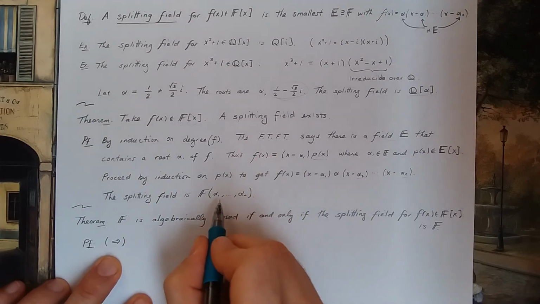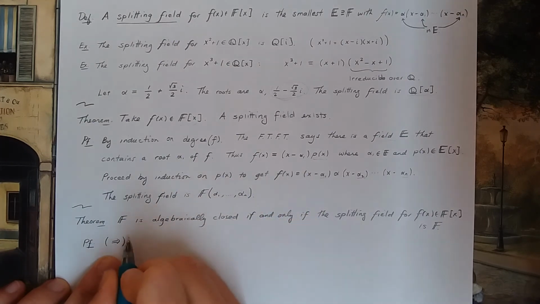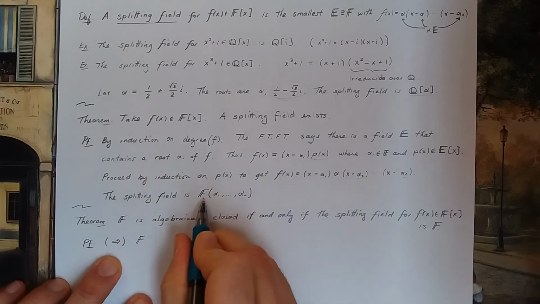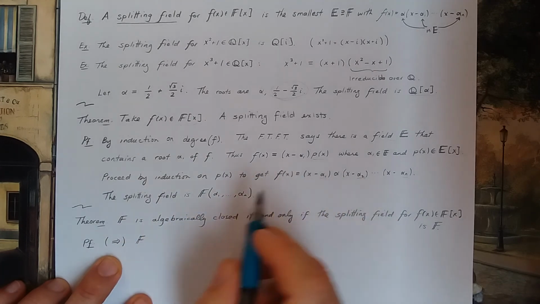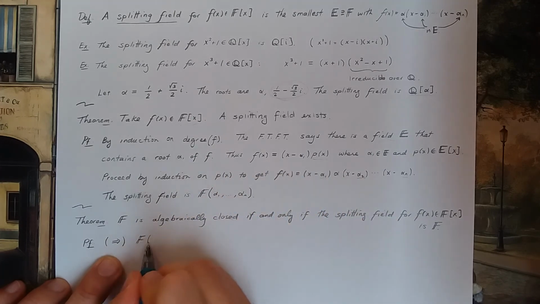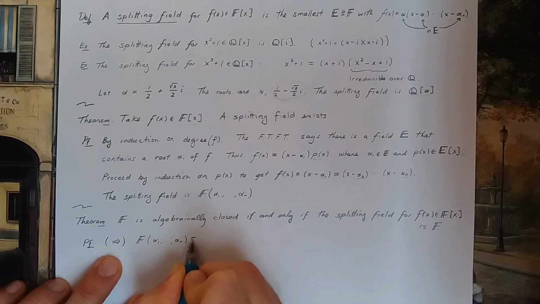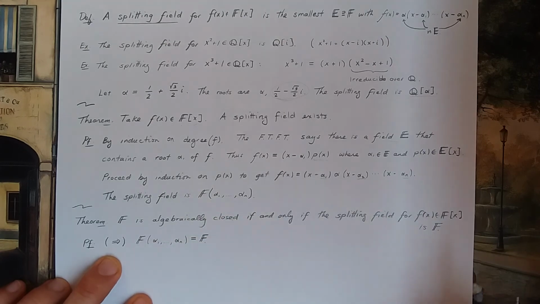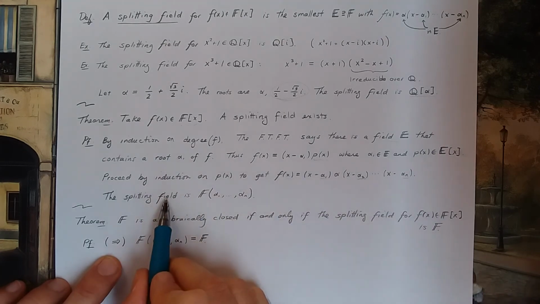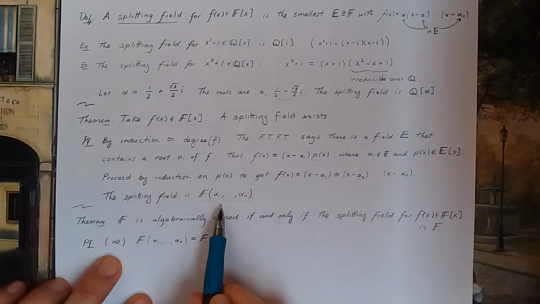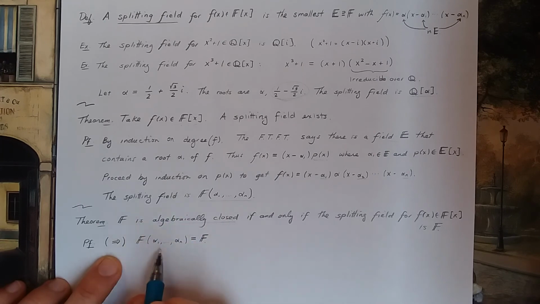In particular, this field adjoin the roots of this polynomial is just F itself. So the splitting field is this field, but with the hypothesis that it's algebraically closed, that's just F itself. So that's that direction of the proof.